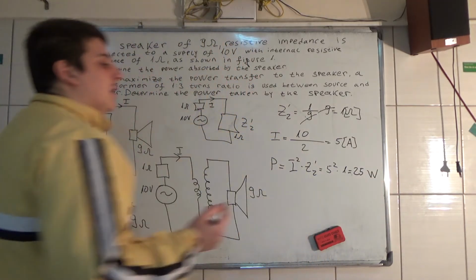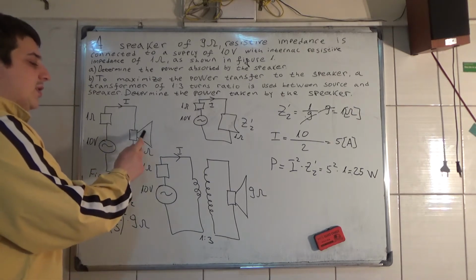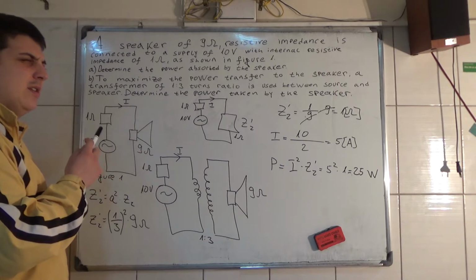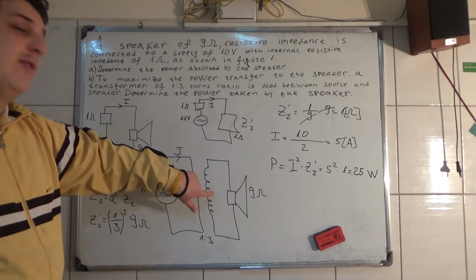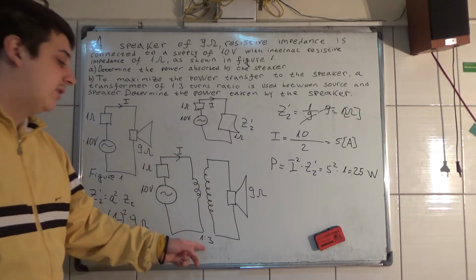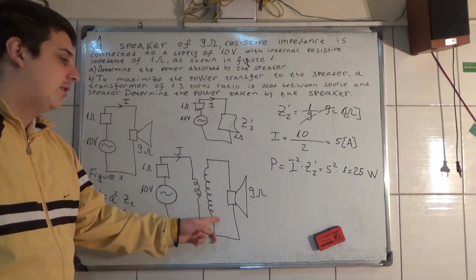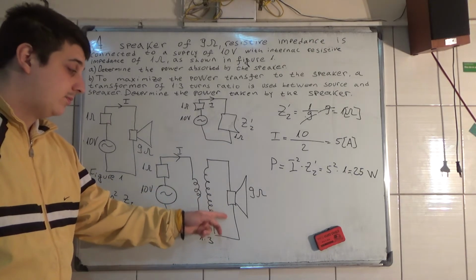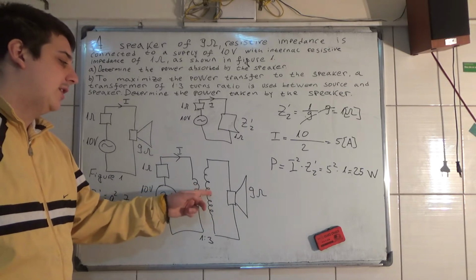Now, as you can see, before in this circuit, this consumed 9 watts of power, but when we put a transformer here, as you can see, the turns ratio is 1 divided by 3, then this voltage here rises, and we maximize the power by putting the transformer.